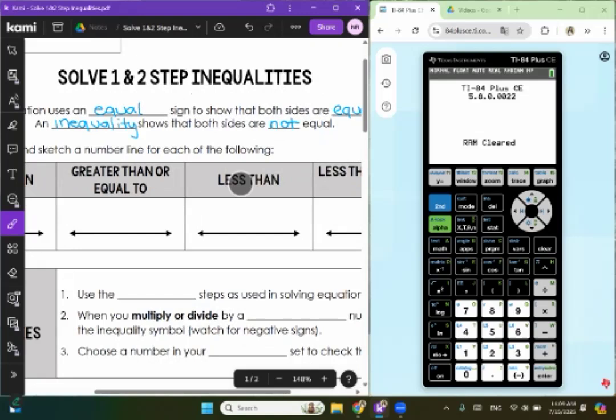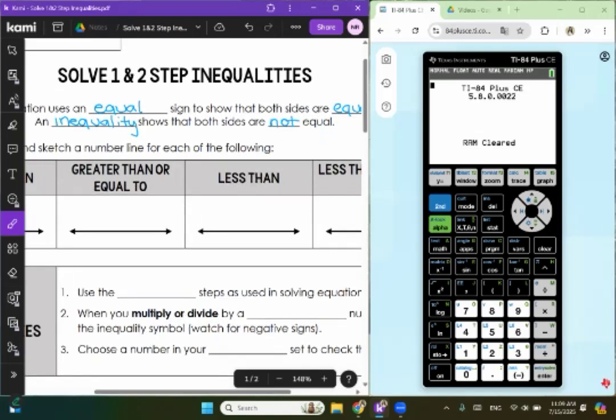And you guys have all grown up throughout school. You've seen inequalities many times. I don't know at what grade level you start to see those, but it's those symbols where your teacher teaches you the alligator eats the bigger number. Okay, those are the ones that we're talking about.